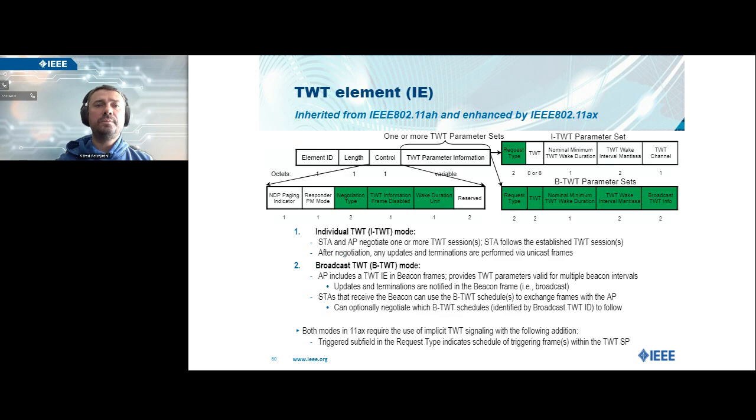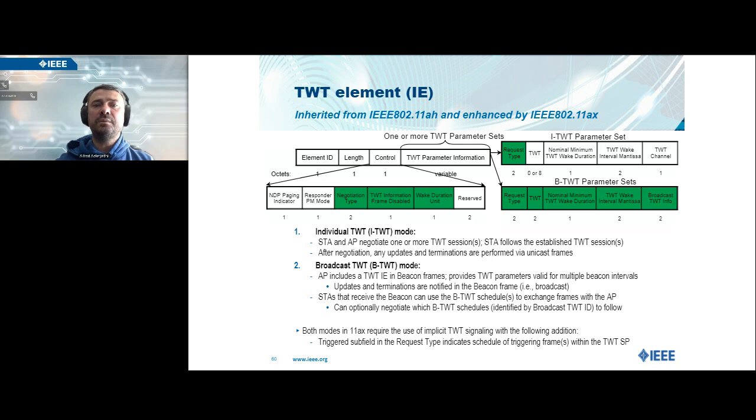So going with the element itself, inherited from 11ah as mentioned and enhanced by 11ax, and those enhancements are identified in green here. So we do have 2 modes for TWT. One, the ITWT or individual TWT, has only one parameter set, and the broadcast TWT allows the access point to include multiple broadcast TWT parameter sets in the same element. And as you can see, the format is a little bit more optimized with respect to individual TWT parameter sets.